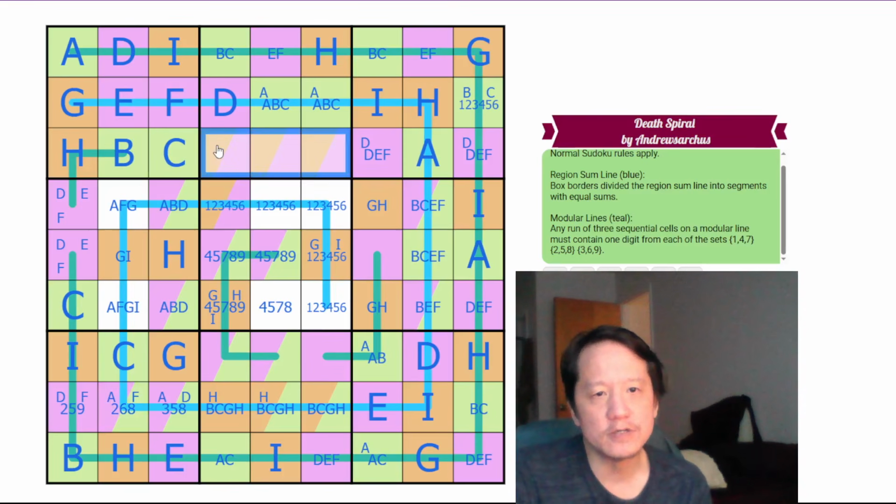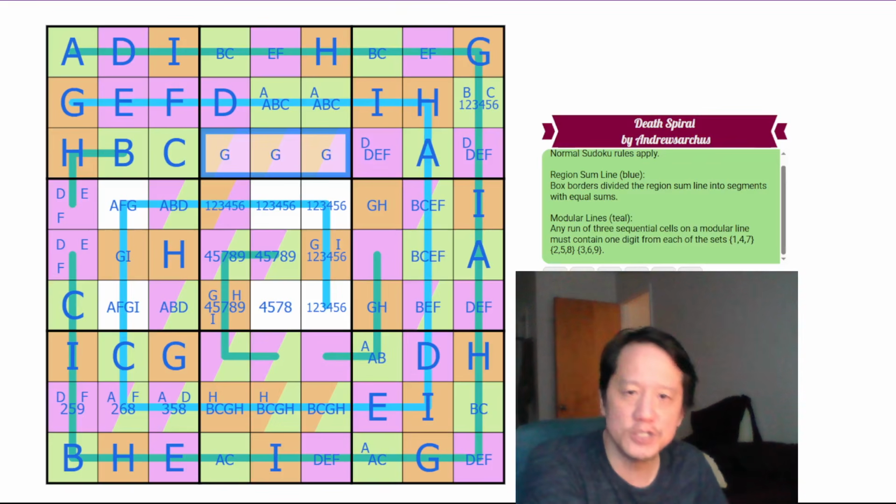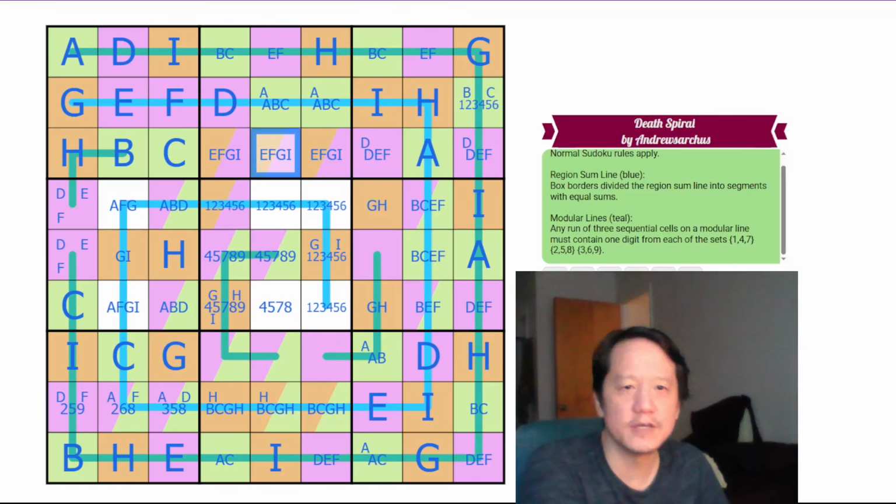Remaining digits of row 3 are G, I, E, F. Obviously, this can't be I here.